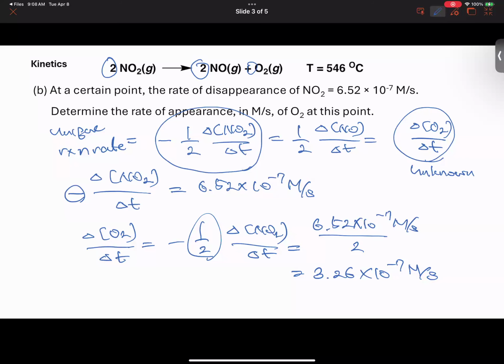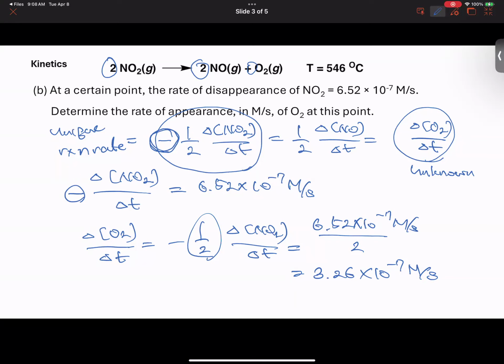So this problem is asking us, do you understand how to calculate the unique reaction rate and how to interpret the disappearance and appearance rate? Because the disappearance delta of concentration is always negative, so we put negative there always to make it positive.